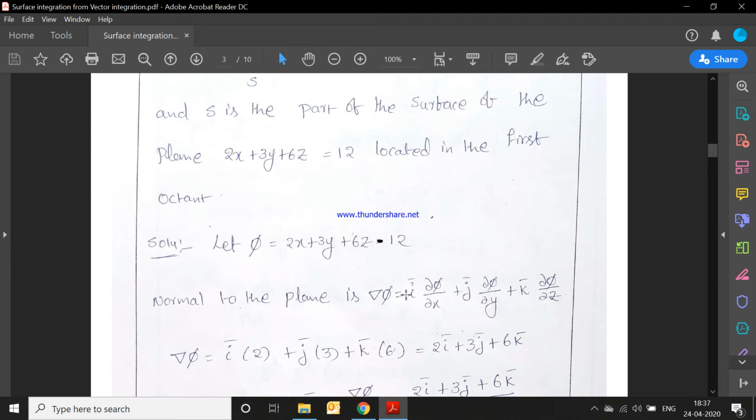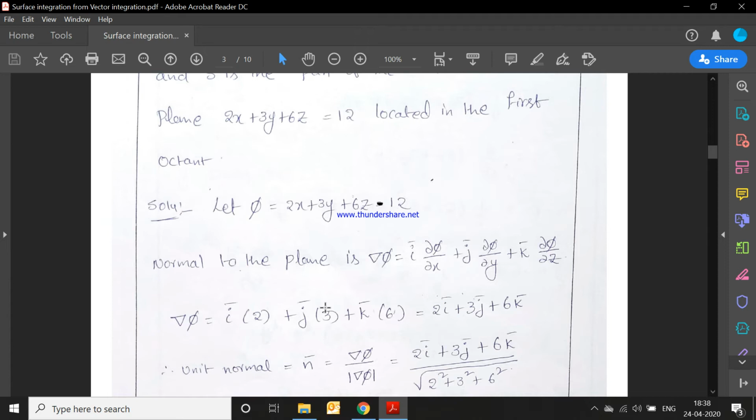So del phi is equal to i bar dou phi by dou x. With respect to x, the derivative of phi is 2, because y and z are constants, so their derivatives are zero, and 12 is also a constant, so 0. Next, dou phi by dou y. With respect to y, the derivative is only 3, because x and z are considered constants in a partial derivative.